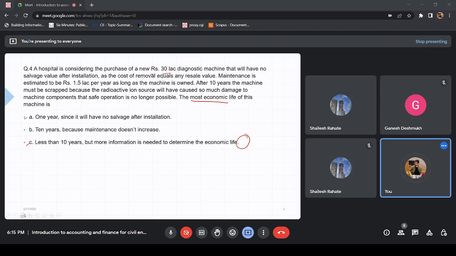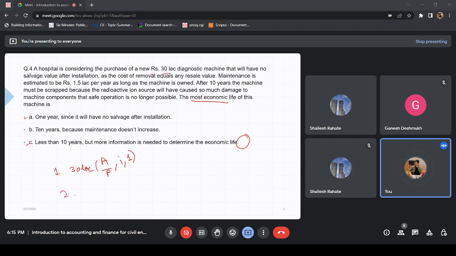So 1 year, if you take 1 year, then the annualized cost would be, if initial cost is 30 lakh and salvage value is 0, so if this is your P, you can directly go A given P, I is not given, and 1.